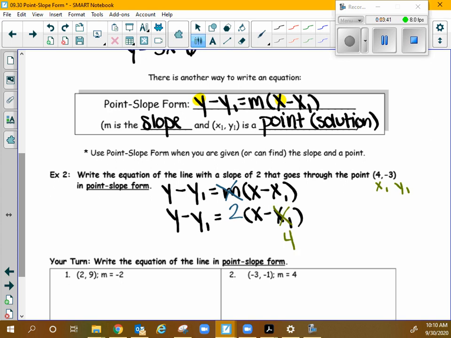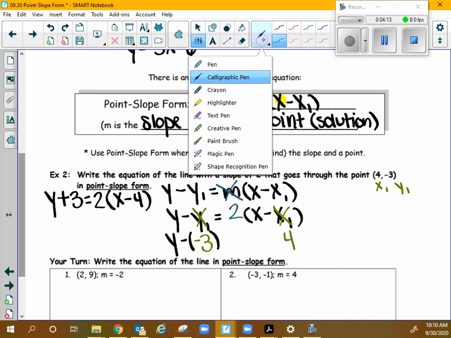What's my y value? -3. Now the thing about point slope form is that the formula says minus and minus. So when you've got a negative, what's actually going to happen? It's going to turn into a positive. So this is going to become y plus 3 equals 2 times x minus 4.